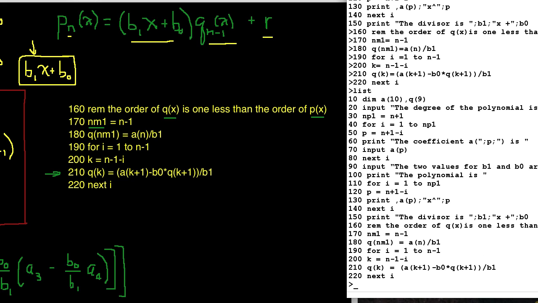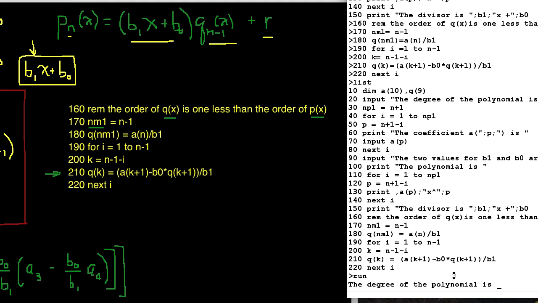Okay, I have this dimension statement. I jump down here, I have the remark statement, nm1 equals n minus 1, a sub n divided by b1, 1 to n minus 1 minus I, a k plus 1 minus b0 times q. Okay, this looks like it might work. Let's type run. The degree of the polynomial is, say, 4.